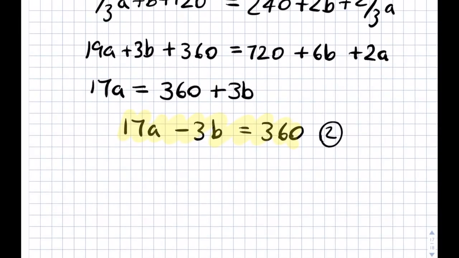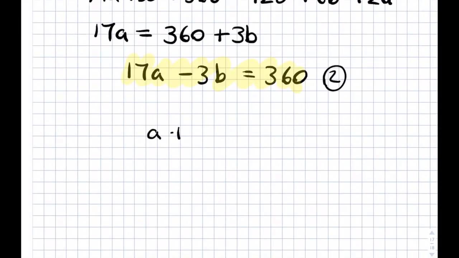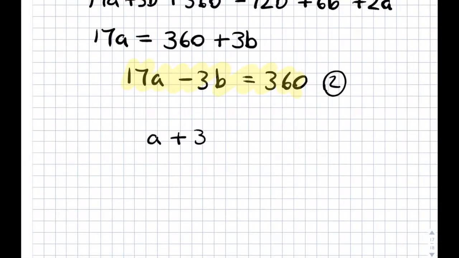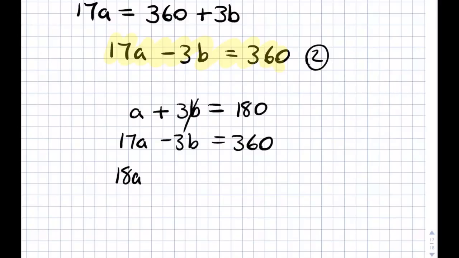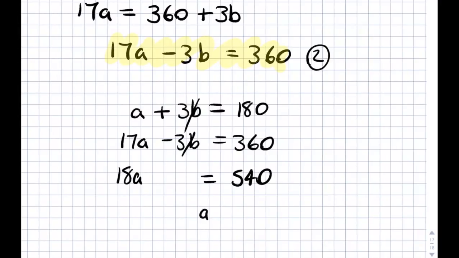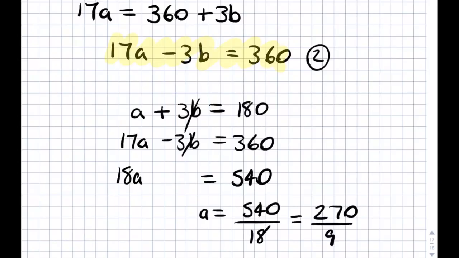So now what you'll see, if I put these two equations together, I've got a plus 3b equals 180 and 17a minus 3b equals 360. I eliminate my 3b's by adding the two equations together, so I get 18a equals 540. I can then get a equals 540 divided by 18, which is 270 over 9, and of course that simplifies to 30.